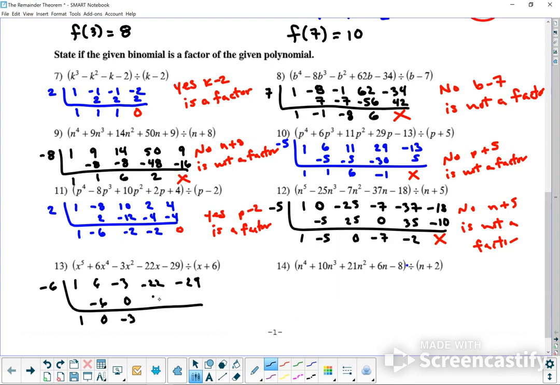Multiply, you're going to get 18. And you get negative 4. Multiply, you're going to get 24. And that right there is going to get you negative 9 or negative 5, which is not a 0. So I'm going to say no, x plus 6 is not a factor.